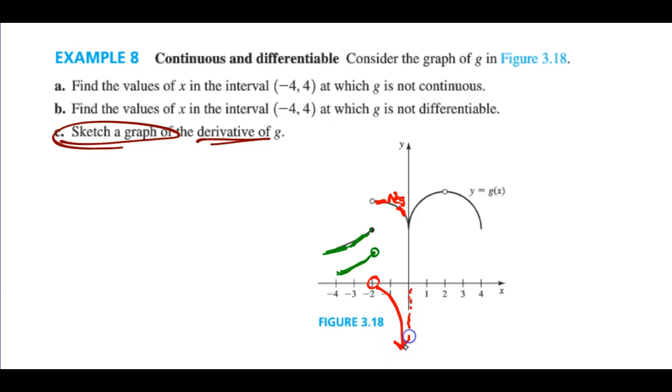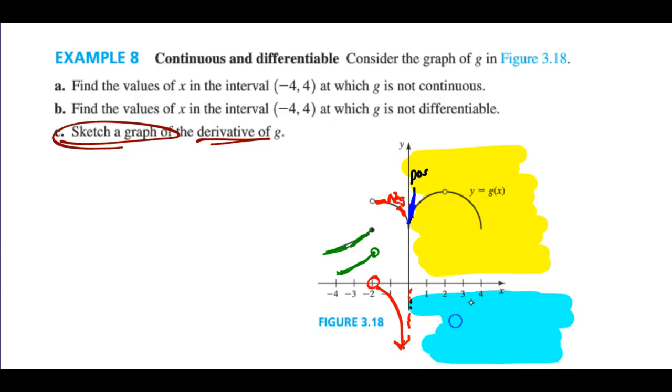It's approaching something that's really steep, and it's going negative. Now over on this side, it's also infinity. It's probably undefined there. That's why, in fact, it is a vertical line. But this is a positive slope, and remember, that positive slope is up here in this yellow section, where the negative slopes are down here in the blue section.